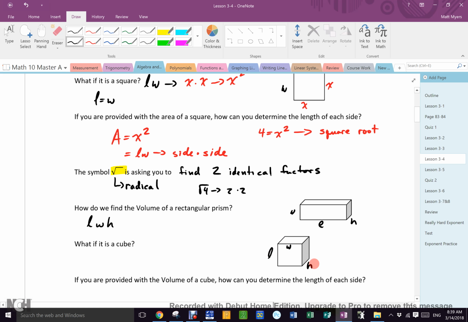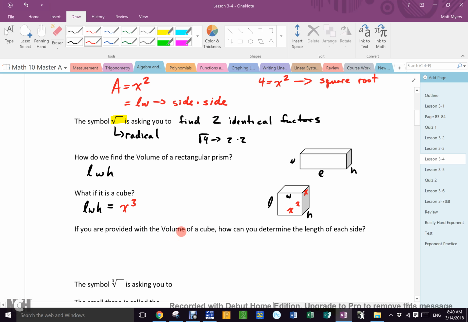So again, it's still LWH, but since L equals W and L equals H, what do we write it as instead? X, X, X, which is X cubed. So, again, if you get the volume of a cube, it equals LWH, but it also equals X cubed.